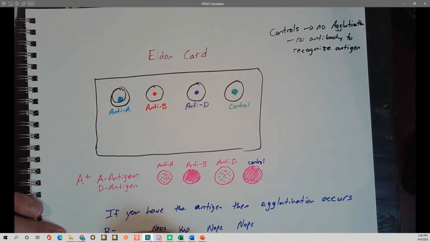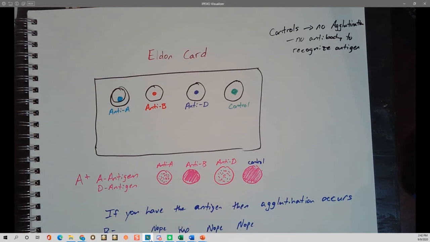What if we are an AB positive? Then I got a yep, yep, yep, and a nope. If you have that blood type, then you would have that agglutination. Let me repeat that. If you have the blood type, then you have the antigen. If you have the antigen, then agglutination occurs.